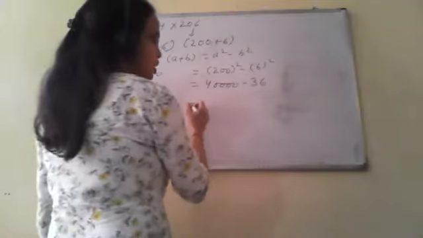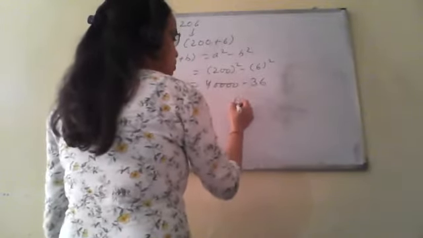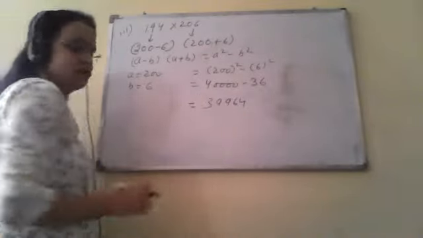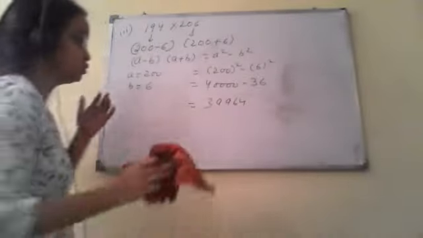So the answer will come 39,964. So this way we are going to use the identities. Now the third identity which I have told.